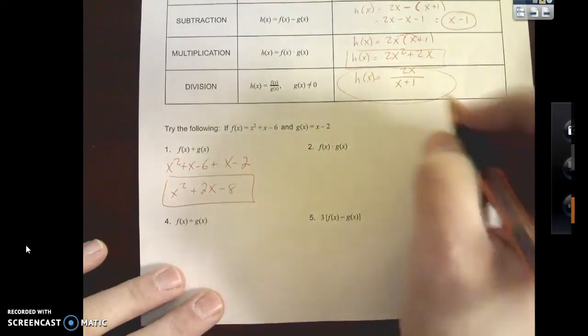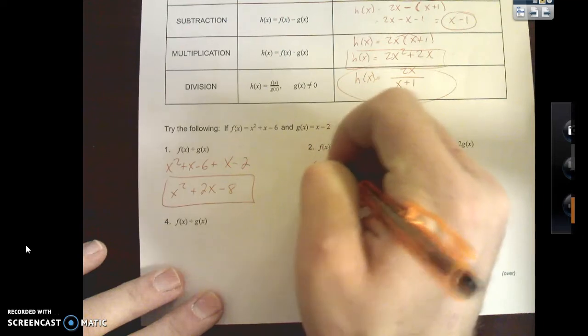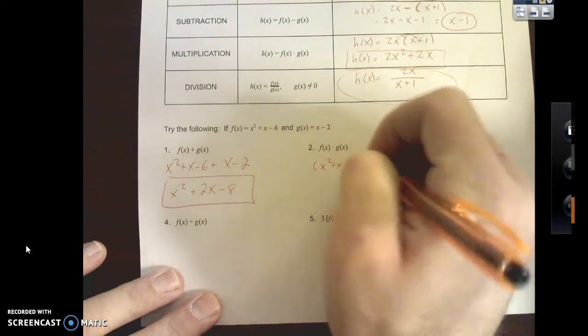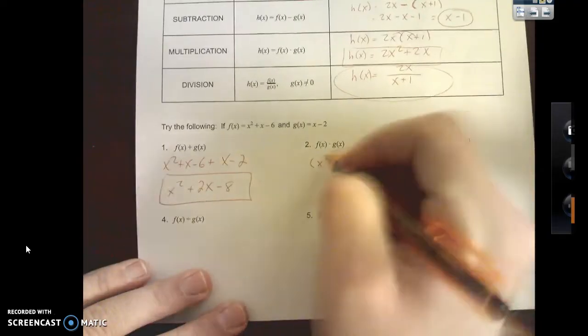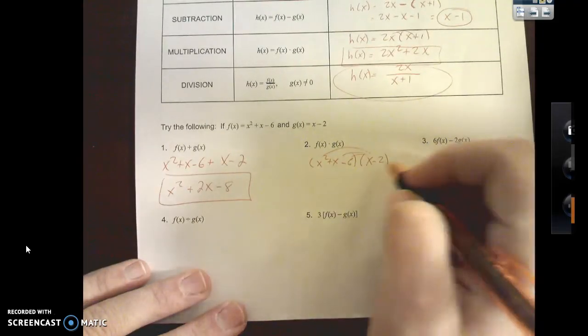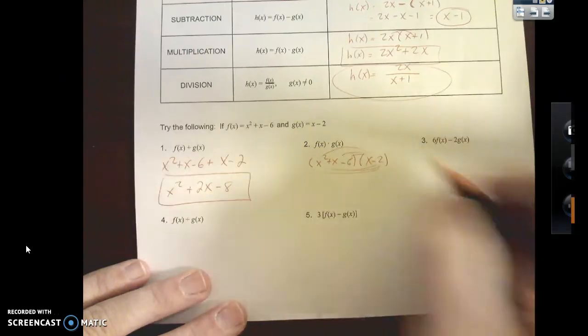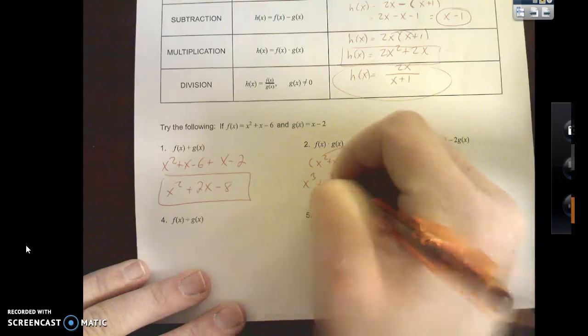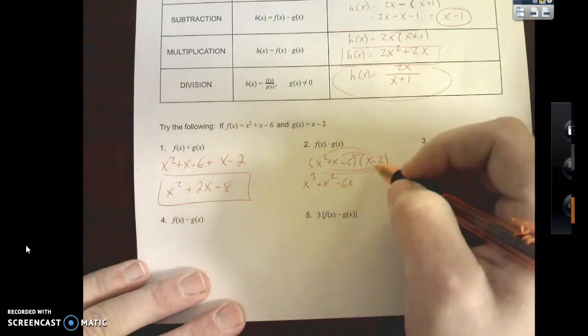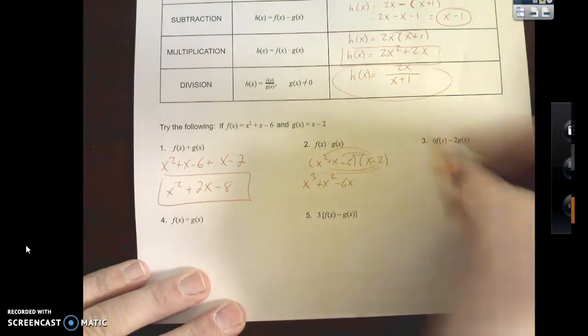f of x times g of x. I've got x squared plus x minus 6 times the quantity x minus 2. Here I am dropping the parentheses because I need to distribute. So I'm looking at x cubed plus x squared minus 6x. That was just me distributing the x across.